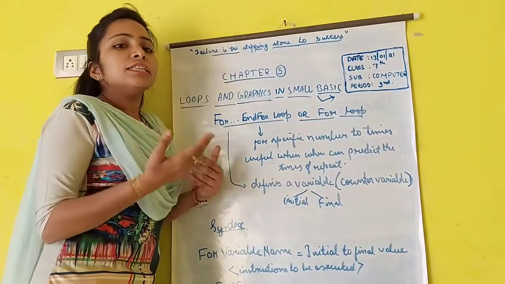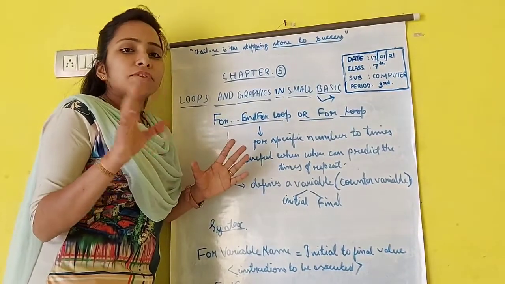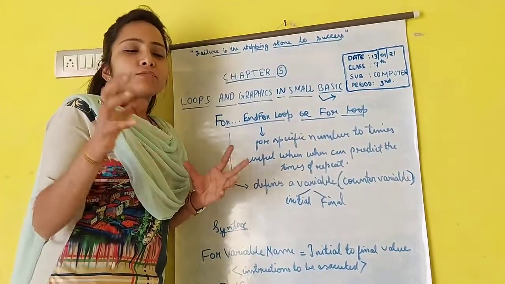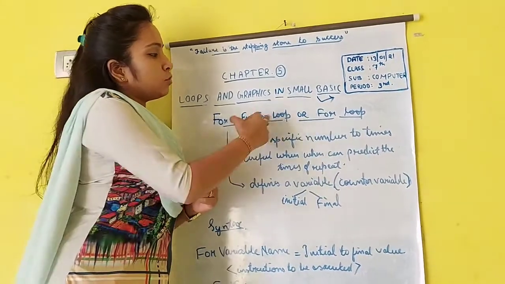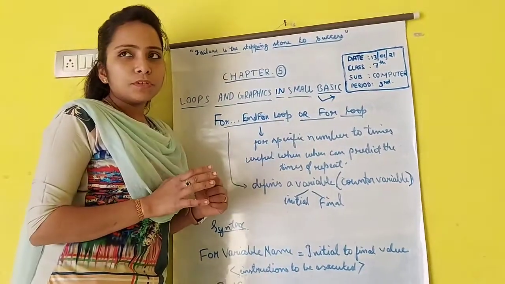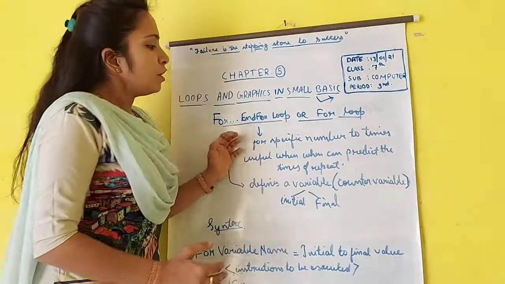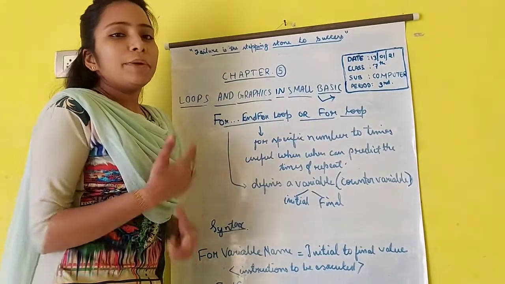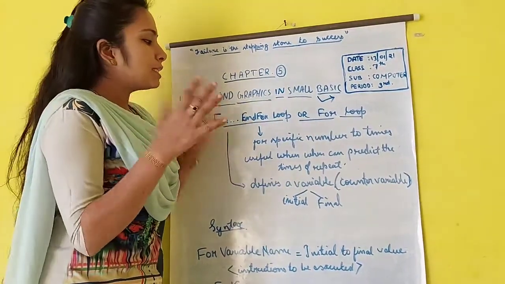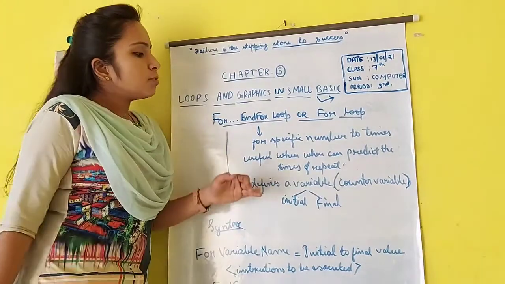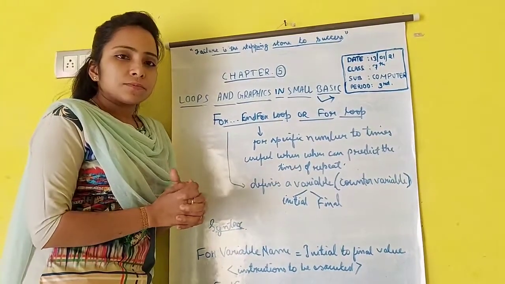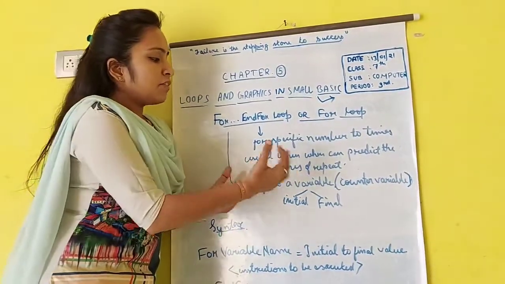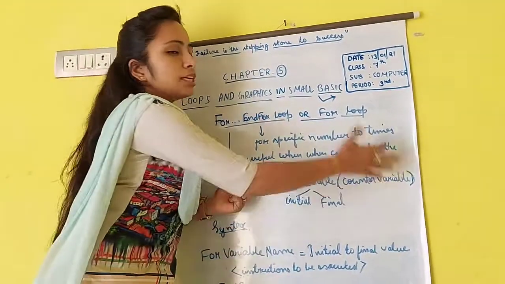Before starting the program, I know I want it repeated 10 times, so we will use the For loop. We use it when we know the specific number of times we have to repeat the same statement. This will also define a variable for us, known as the counter variable.